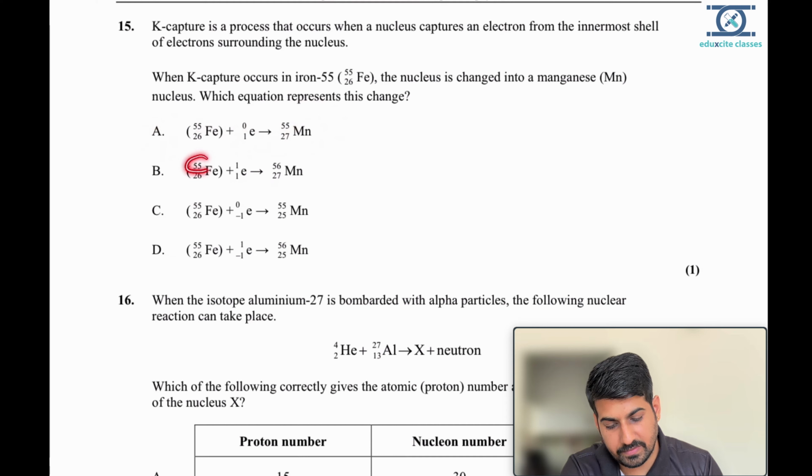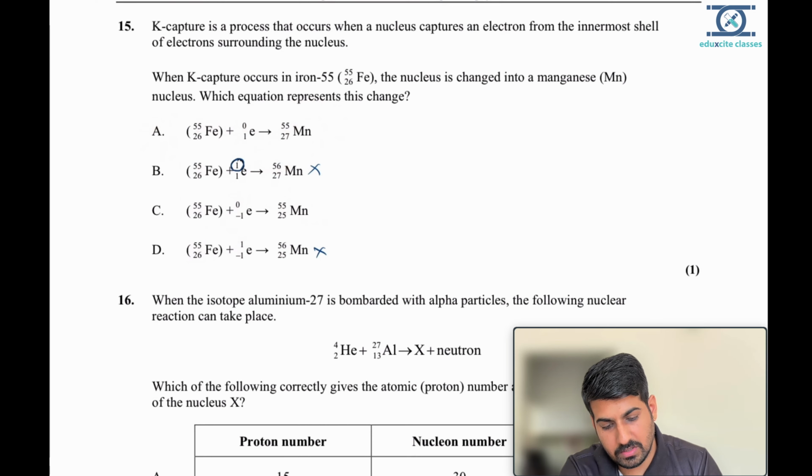Now here it is 56, sorry 55, this is 1 and this is 57. We know that electron has no mass number, so this option is incorrect. Okay, now look here, 26 minus 1, 25, 55 0, 55, this is possible. 55 26, this is again impossible.